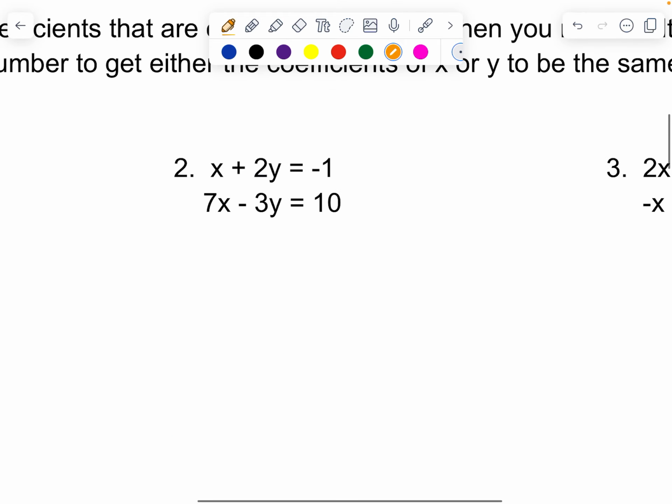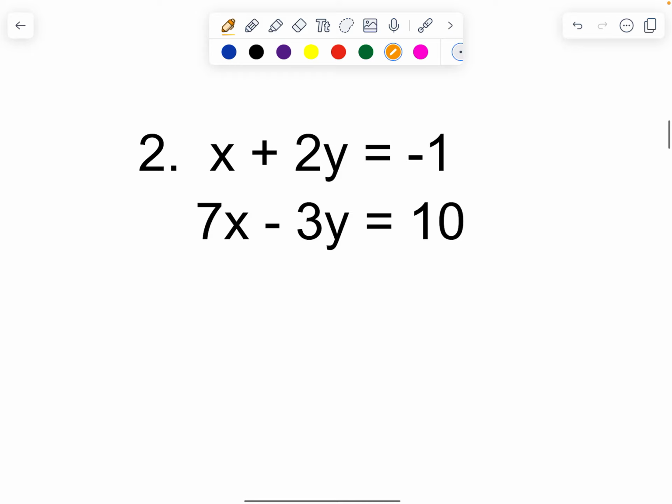Okay, so now let's do this one. If I look at the coefficients here, these are not opposites of each other, nor are these opposites of each other. So that means I have to multiply one of the equations by a number. If I look here first, are 2 and 3 factors of each other or multiples of each other?